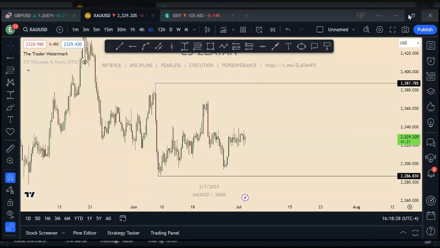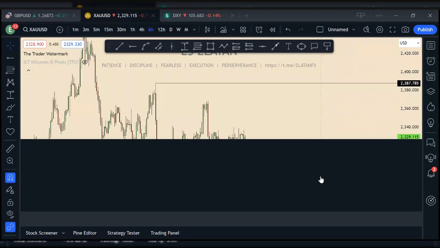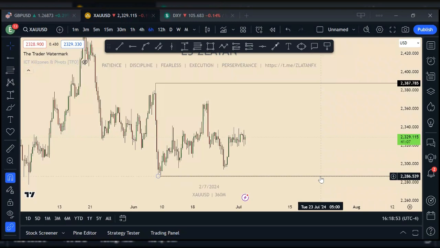So you mark your range, you wait for the low to be taken, you attack the 50% at the high. You mark your range, you wait for the high to be taken, you attack the 50% at the low. No buts. That's the rule.